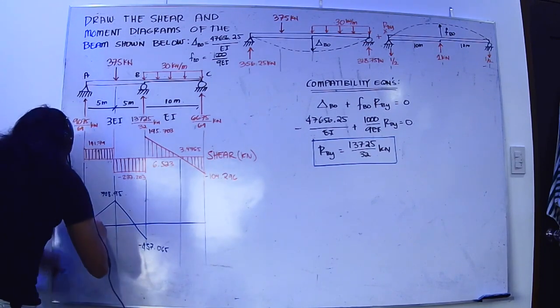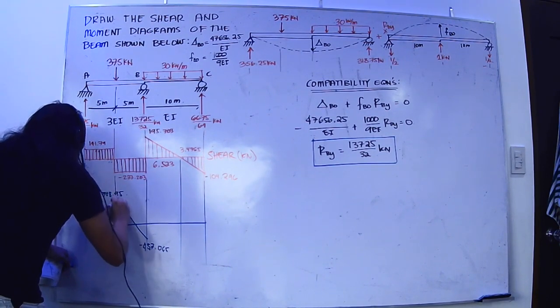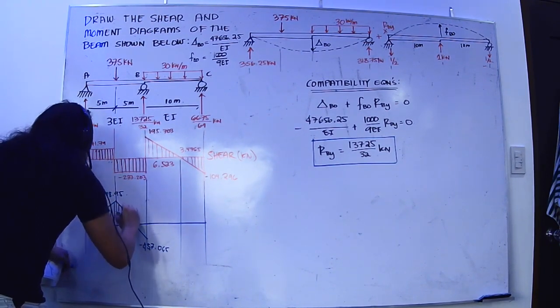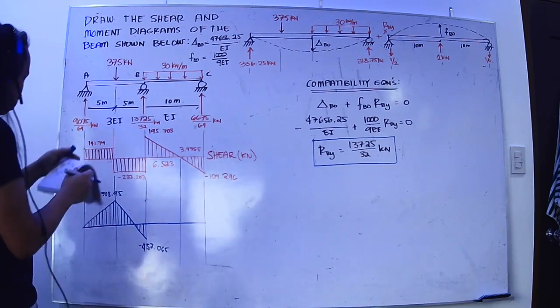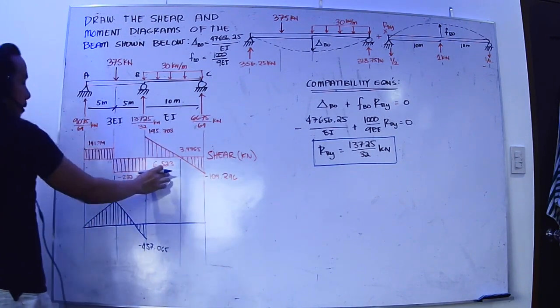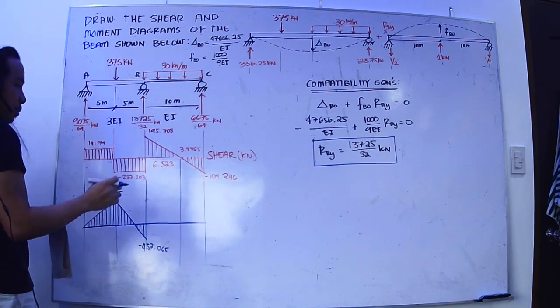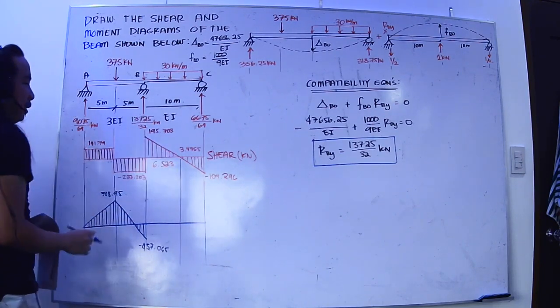Area for this triangle is 1/2 base, 6.523, times 195.702.